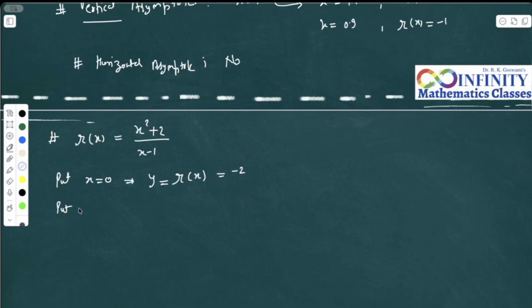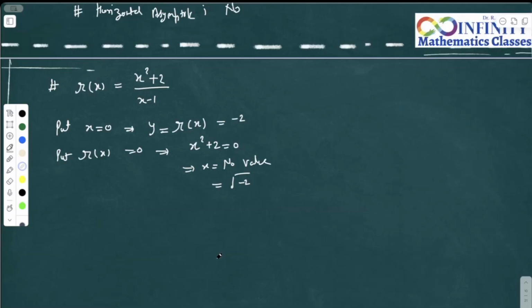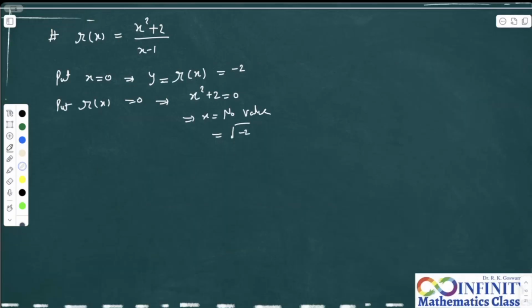Next, I'm asking you to put R(x) equals 0, that means numerator equals 0. So x squared equals negative 2, and there is no real value because you will get the square root of minus 2, which is imaginary. Additionally, I will require some other values, and you will help me with those as and when required.